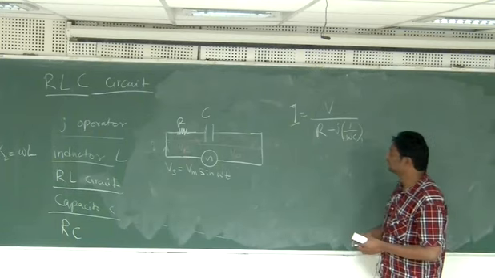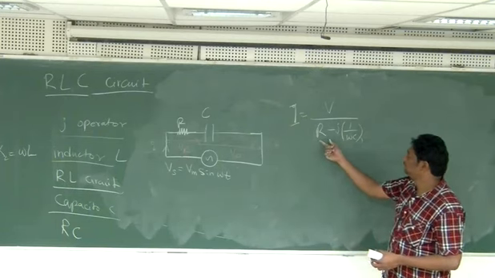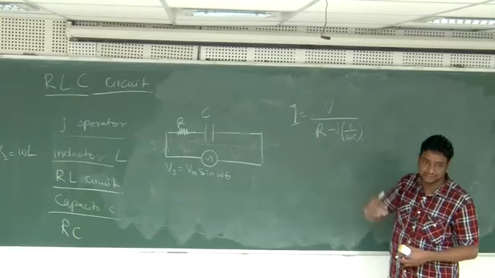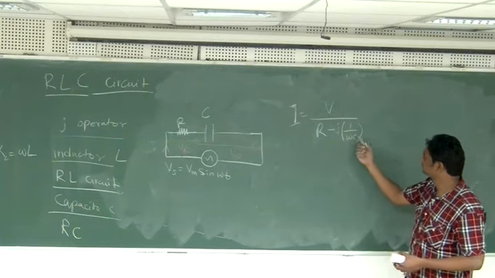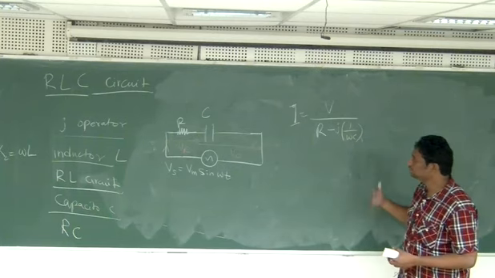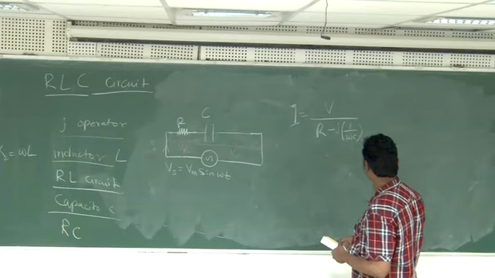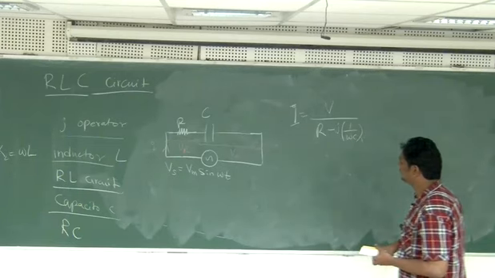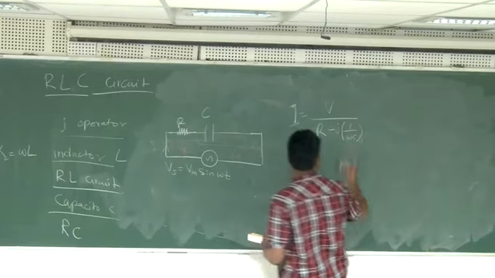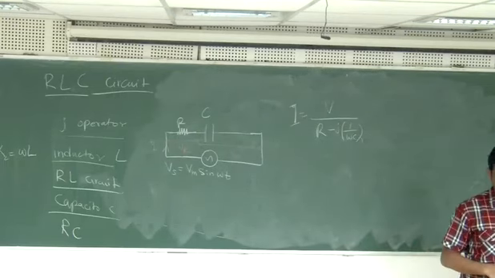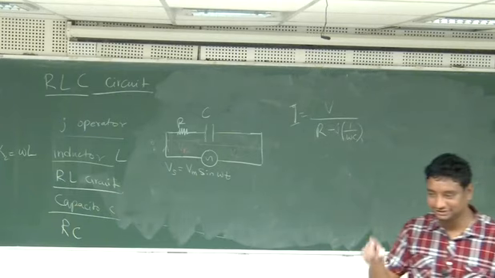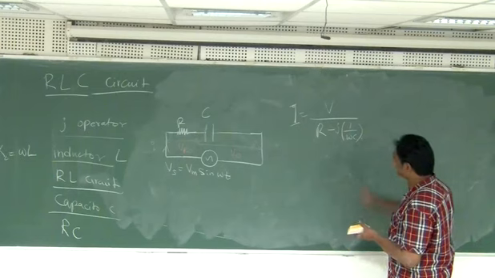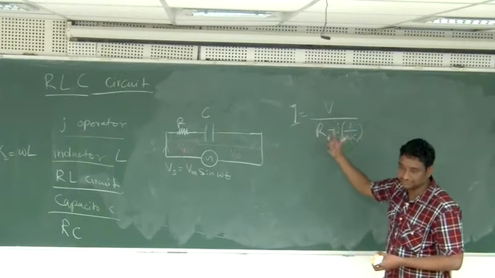In this case, if R is 0, then minus j will become plus j and I will be 90 degrees leading. If C is 0, I think C should be infinity in this case. Anyway, if this total quantity is 0, then V and I are in phase.